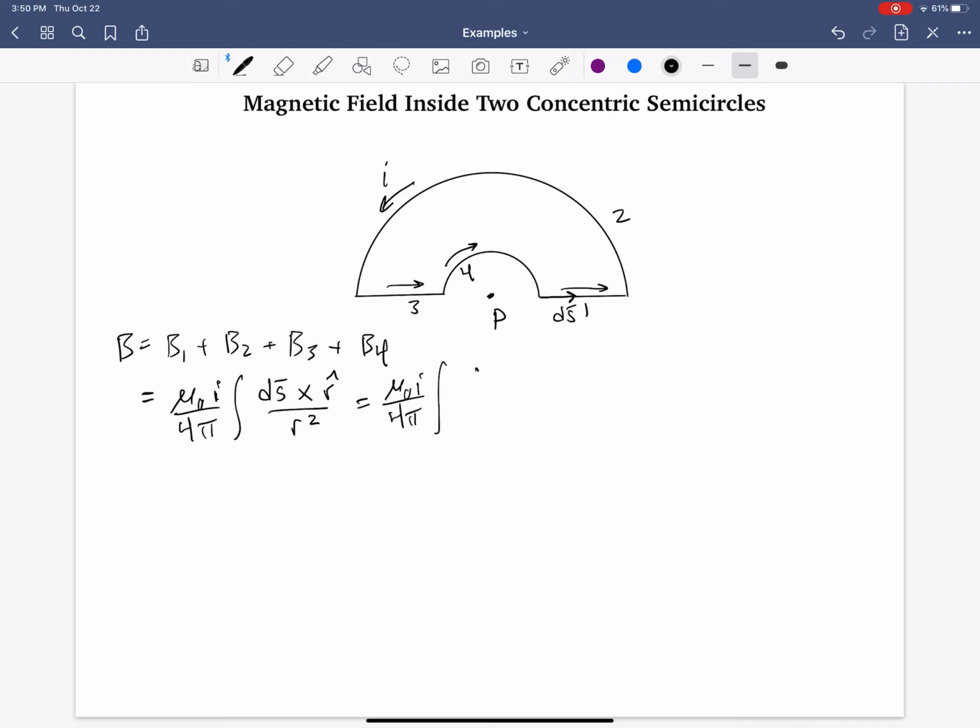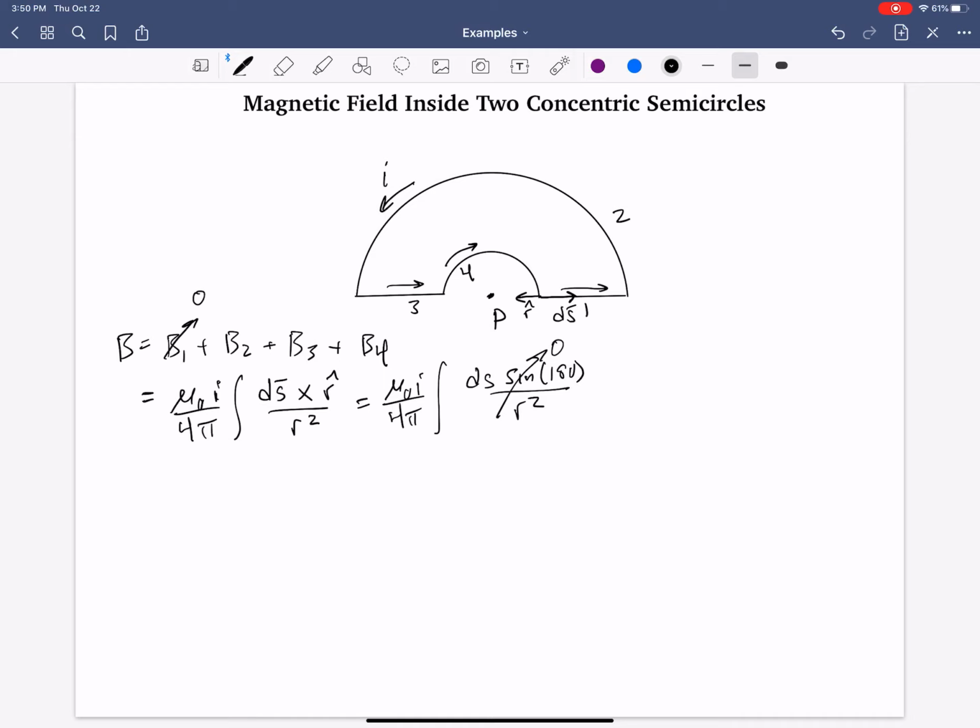And the r hat vector goes from the segment of wire that's generating the magnetic field, and it points towards point P. In other words, like that. From the wire to the point. So these are in opposite directions, so the angle in between is 180, over r squared. What's sine of 180? Well, that's just 0. So this whole term is 0, right? The contribution for B1 is 0.